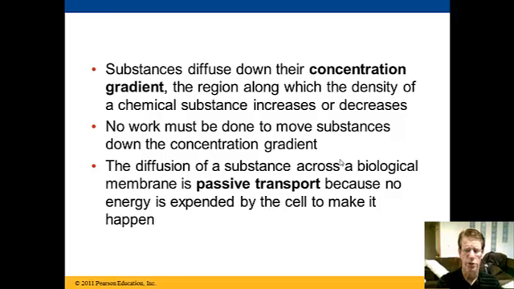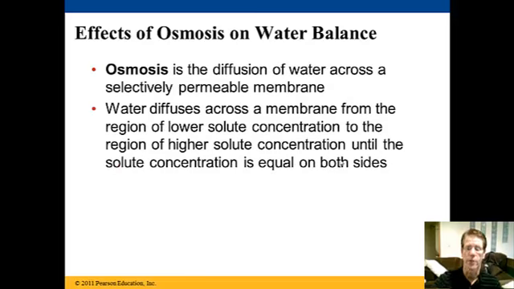We're talking sugar molecules, protein molecules, all these different molecules that have to pass through this concentration gradient, which is the plasma membrane. And if it's passive, then no work is being done by the cell. The diffusion of substances across a biological membrane is what we call passive transport, because no energy is being expended.